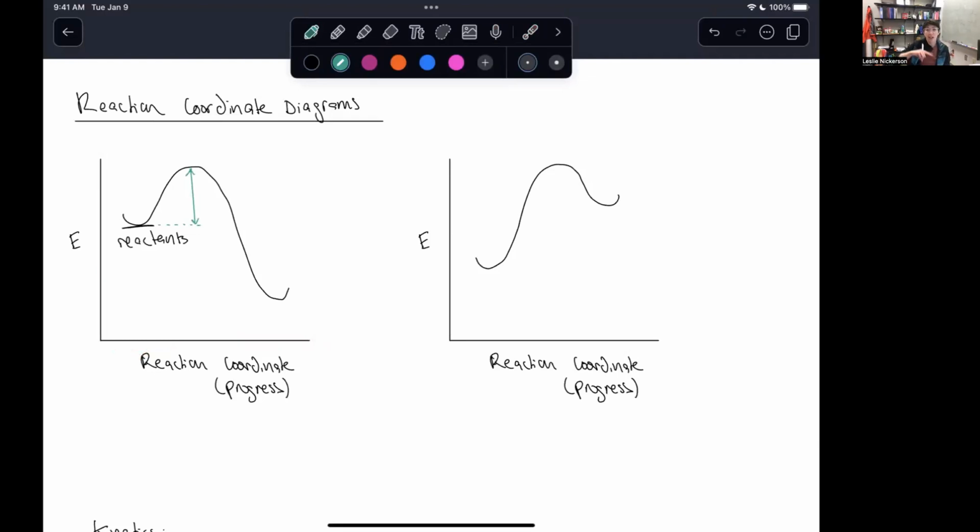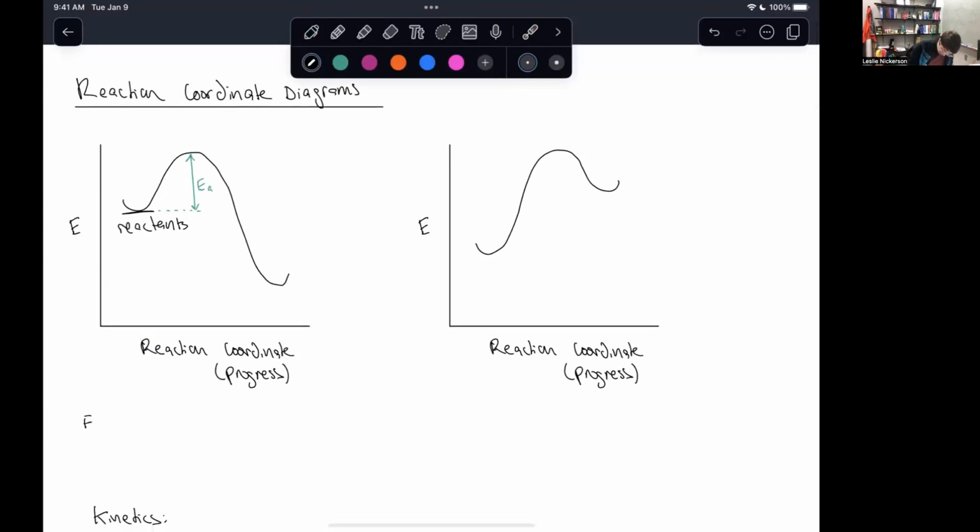That energy to get to the transition state is your energy of activation. And remember, EA, that's going to be energy of activation. That's going to be the amount of energy that you need to get the reaction going.